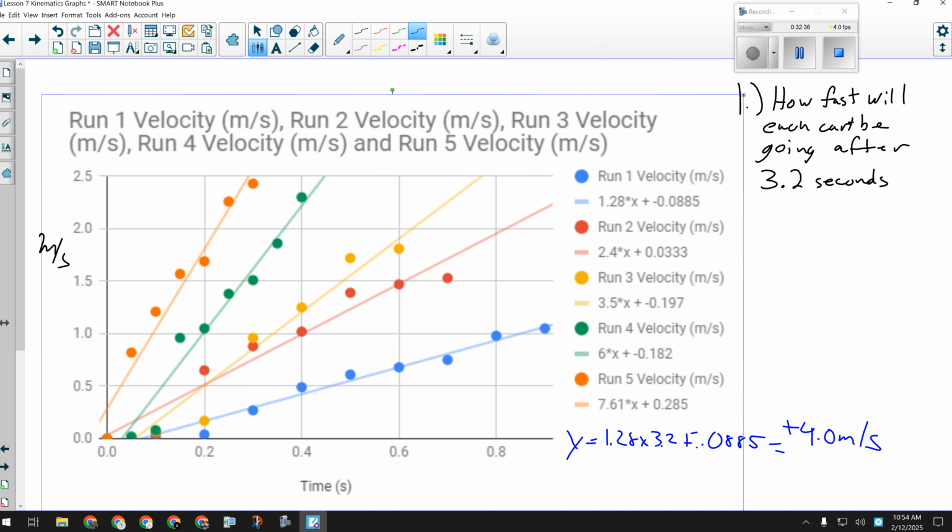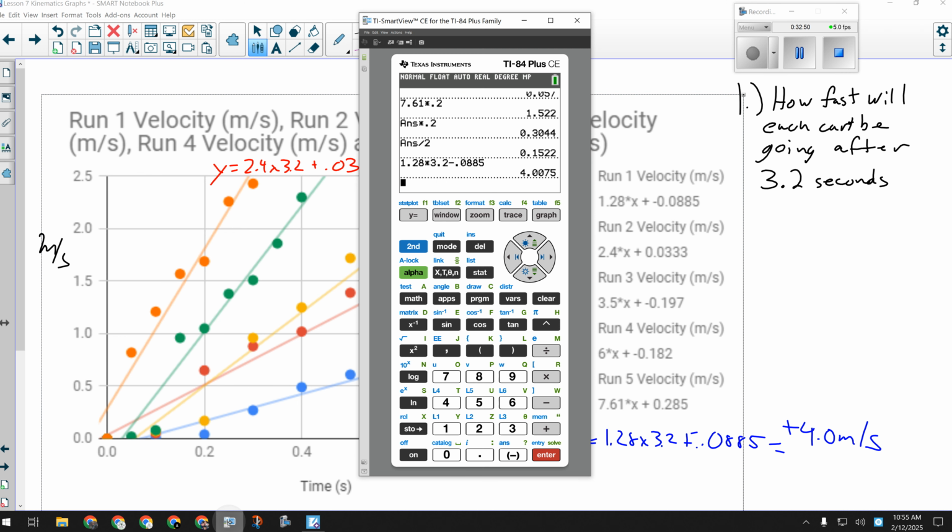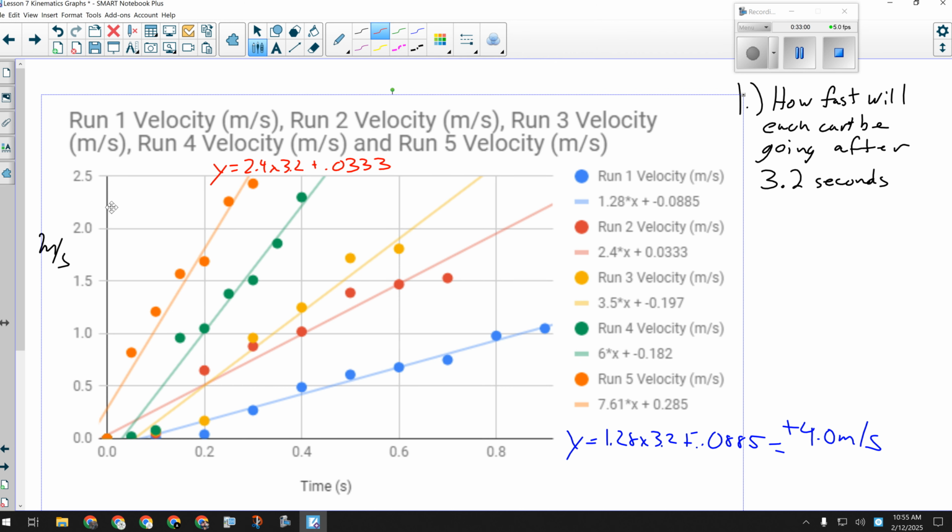For our red cart, y will equal 2.4 times 3.2 plus 0.0333. So that's going to be 7.7 meters per second.